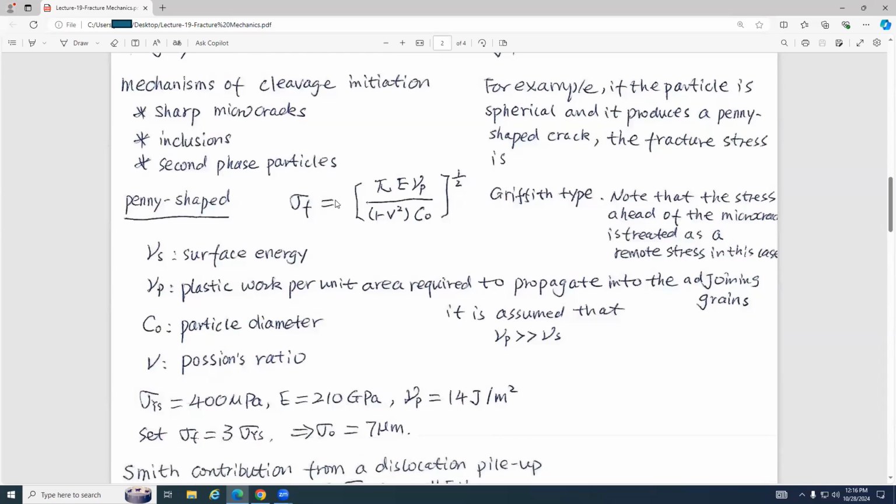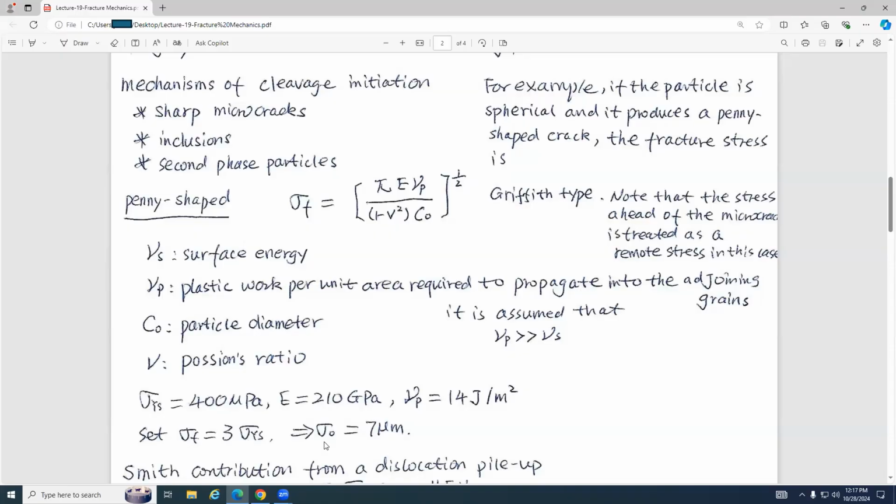For this model, if we have a yield strength of 400 megapascal, Young's modulus of 210 gigapascal, and gamma p, the plastic work per unit area required to propagate into the adjoining grain, which we can specify as 14 joule per meter squared, then we just substitute all of these into this equation, set the failure stress equal to 3 times sigma ys, and then we can calculate C0.